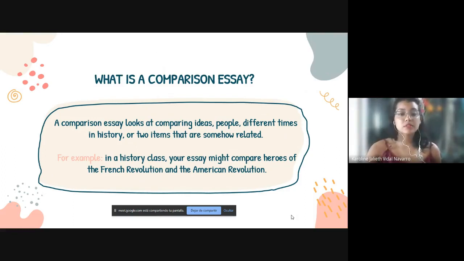Besides, a comparison essay can do one of three things. It can say that the two subjects are more different than similar. Also, it can say that the two subjects are more similar than different. And finally, it can show how the two subjects share both similarities and differences. To sum up, your essay would focus on comparing, contrasting, or on both.